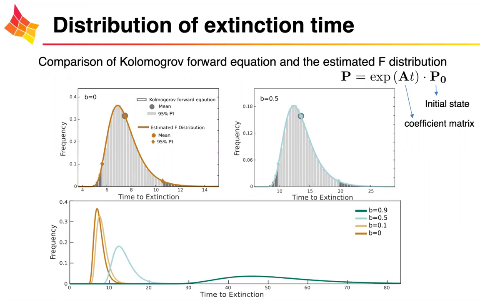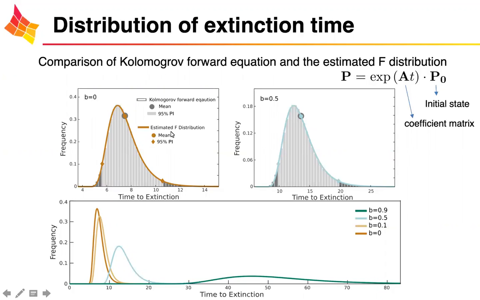So our method can provide a good estimate of the distribution of extinction time. Here it is shown for 2 different values of B, birth rate.